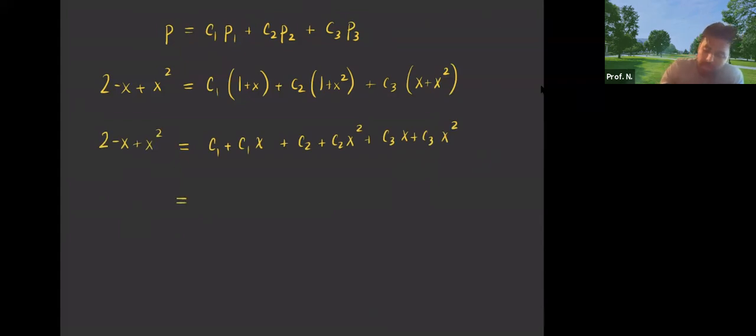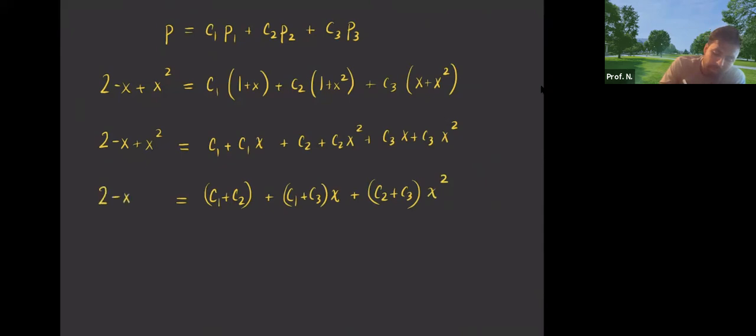So we have C1 plus C2, and then plus C1 plus C3 times x, plus C2 plus C3 times x squared. Do you see what I'm doing? I'm treating these as polynomials, so I have to be careful.